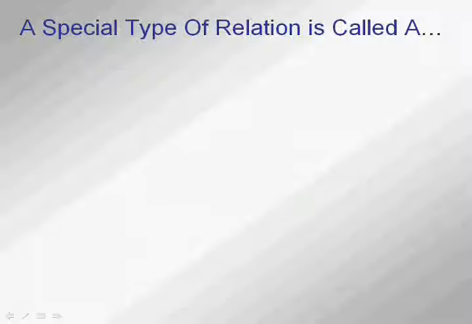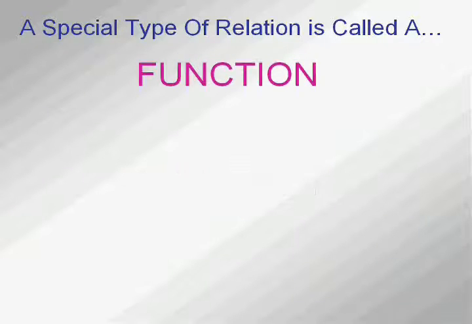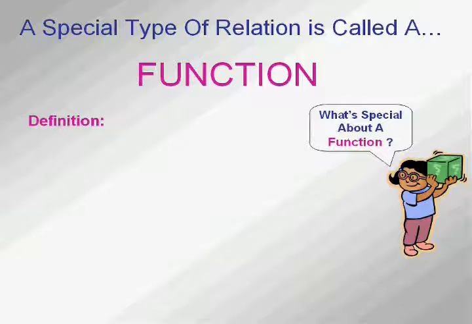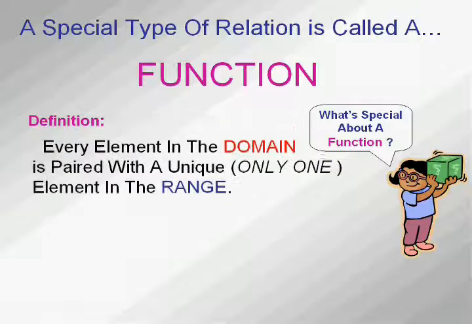Well, there's a type of relation that's going to be much more useful than the others. It's a special relation called a function. The definition of a function and what makes it special is every element in the domain is paired with a unique element in the range.